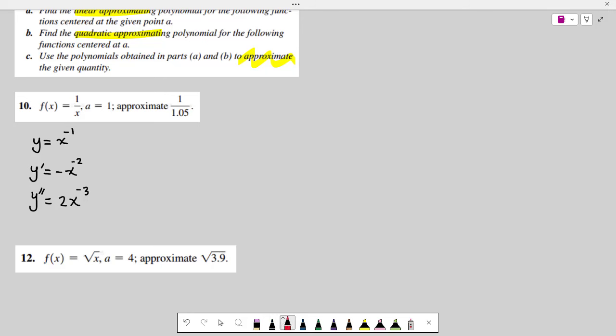Next column, I'm going to treat this kind of like a table. The next column is to evaluate each of these at the center. So I'm going to plug in the center, which is 1, into each of these. Got that.